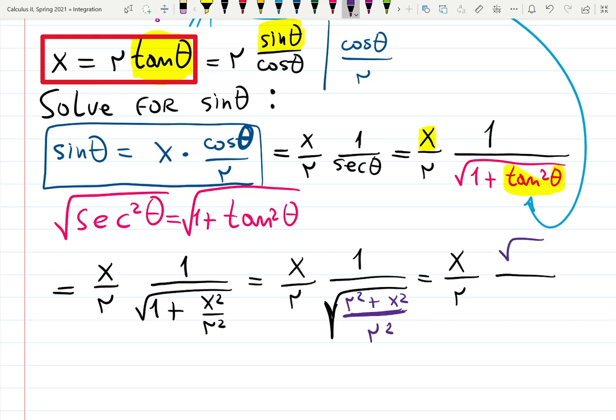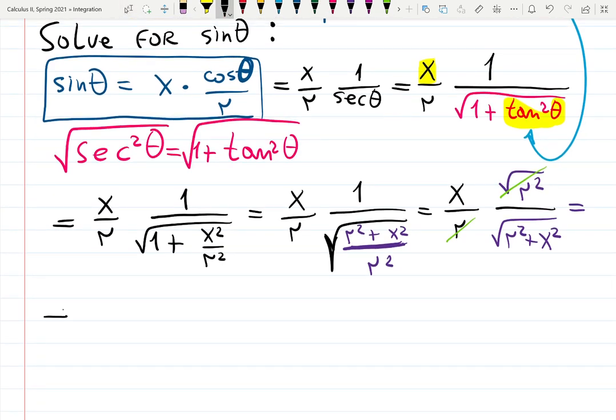So it's going to be the square root of r squared at the top and the square root of r squared plus x squared at the bottom. Almost done. Now look at this magic. The square root of r squared is just r. r cancels out with r. So we get a final answer. After all this madness, the answer is x all over the square root of r squared plus x squared.